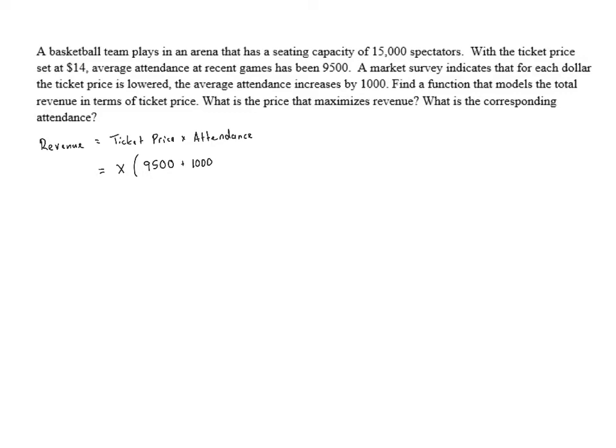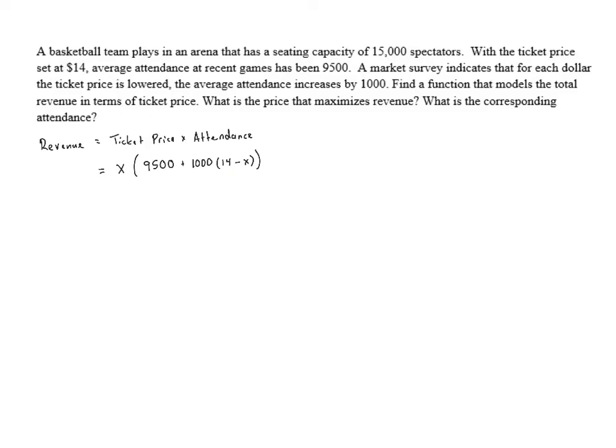So the way that we can represent that is 1,000 times 14 minus x. Because if x is 14, then 14 minus 14 is 0, so we don't get any additional people. But if the ticket price goes down to 13, then 14 minus 13 is 1.